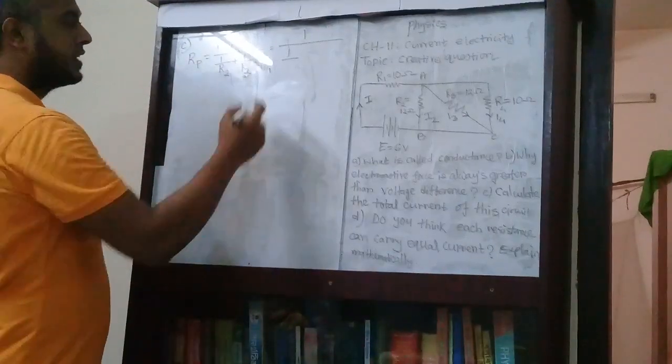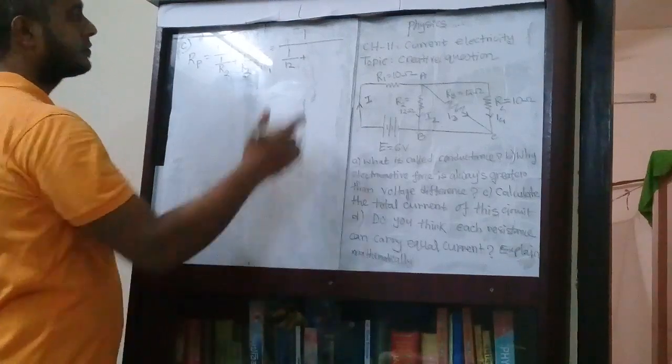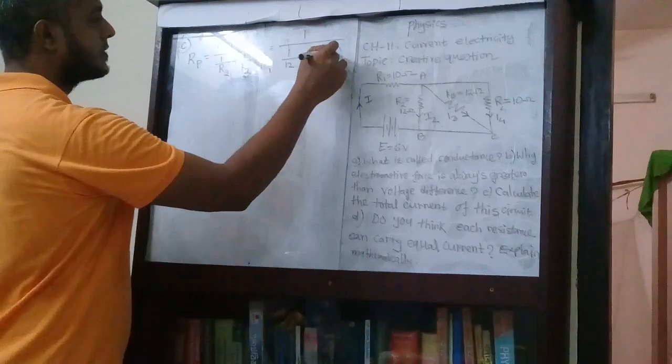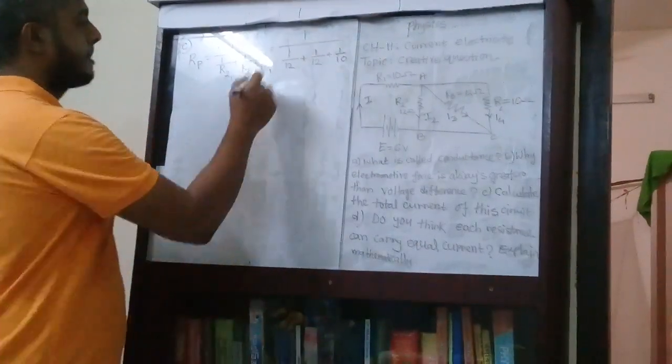Now R2 equals 12, R3 equals also 12, and R4 equals 10.